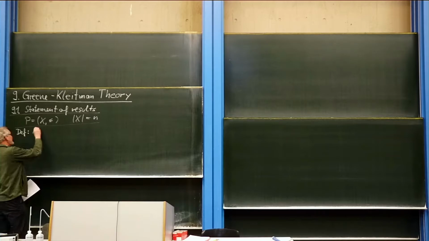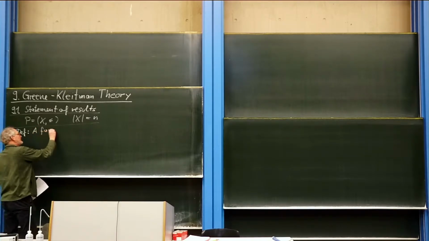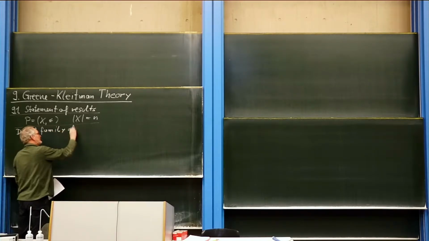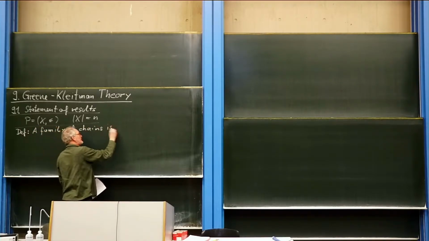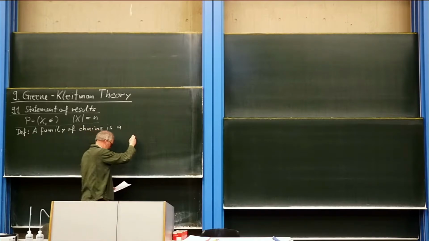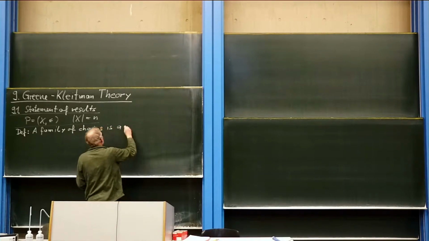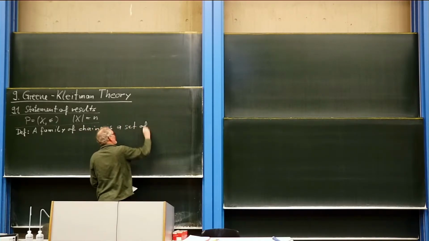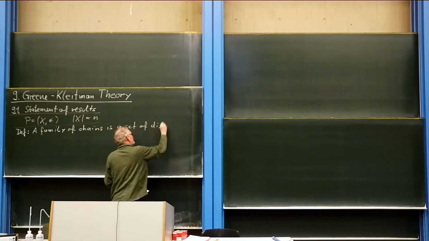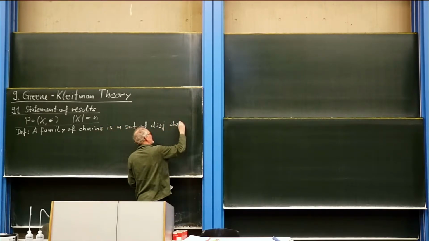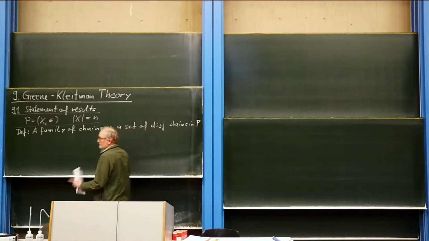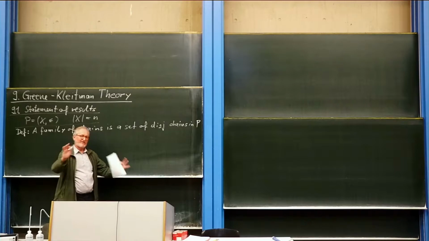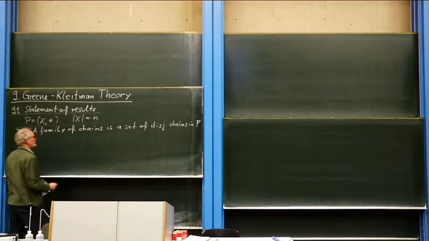A family of chains is a set of disjoint chains in P. So in this lecture, in a family of chains, the chains are always disjoint.